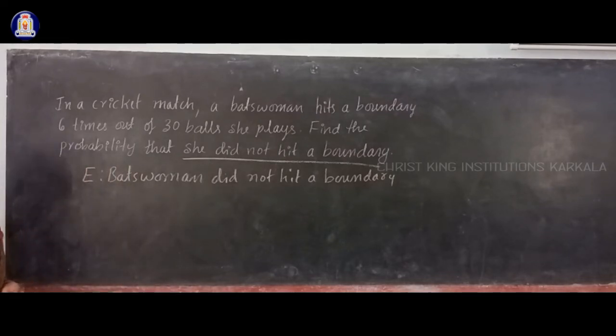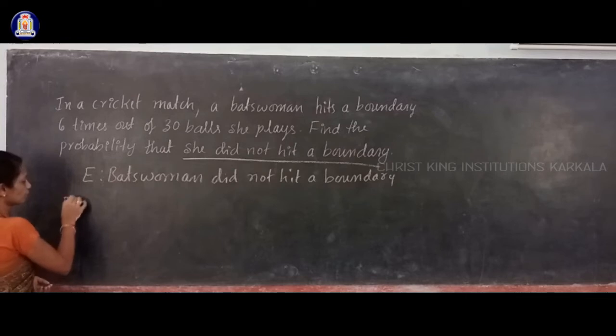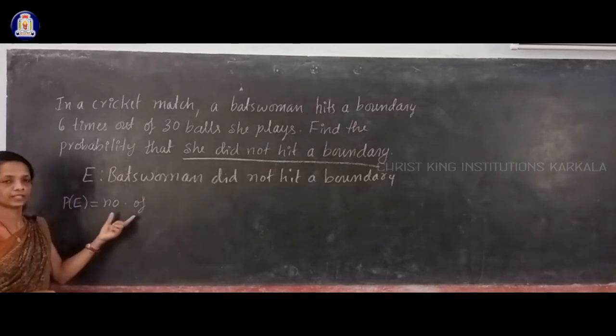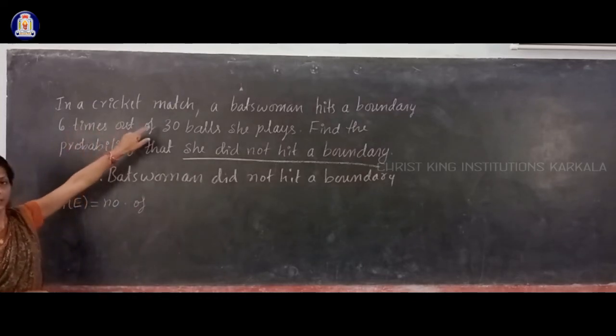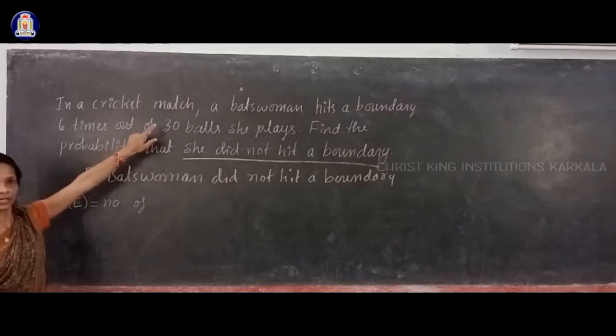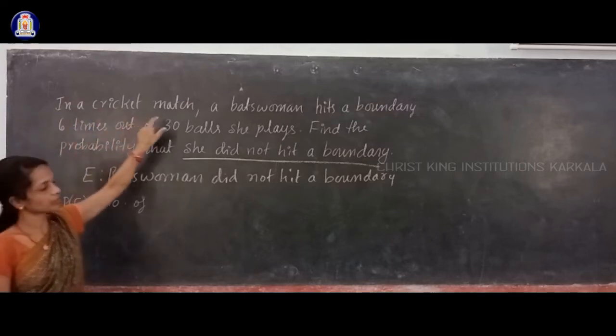To find that we have to use the probability of an event formula. So what is the formula? Probability of event E is equal to the number of trials in which E happens, divided by the total number of trials. But here what is the trial? Ball. Total she faced 30 balls.